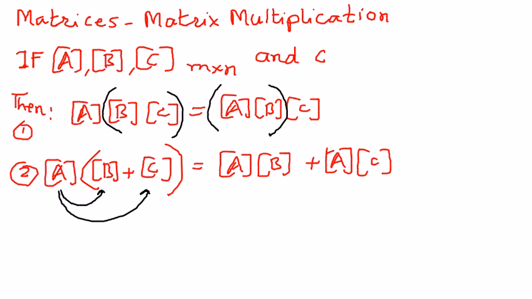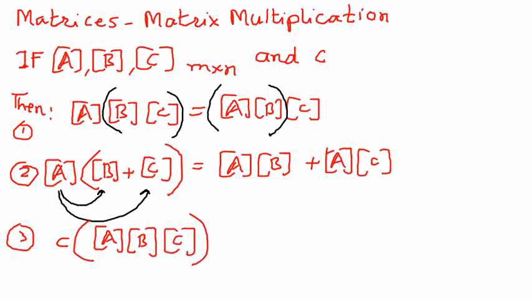the result is going to be exactly the same. The third property we want to keep in mind is this: if we have a constant C multiplied to matrix A and matrix B and let's say matrix C as well, we could distribute the constant to one of the matrices, not all of them.